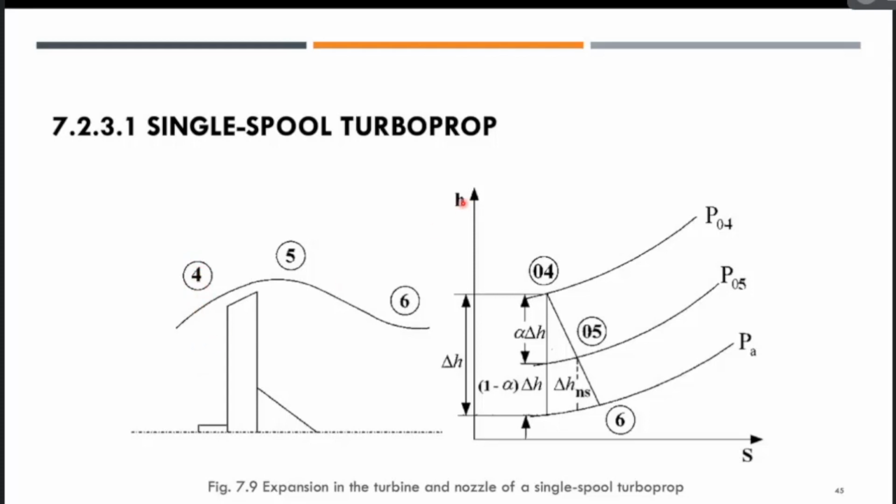This is the enthalpy-entropy diagram, H against S, at different locations, section A, and then sections PO5 and PO4.